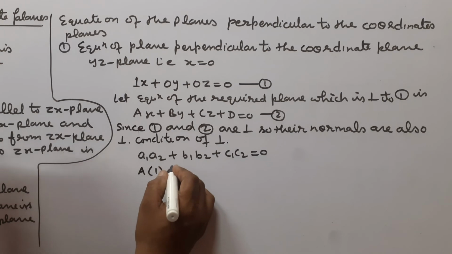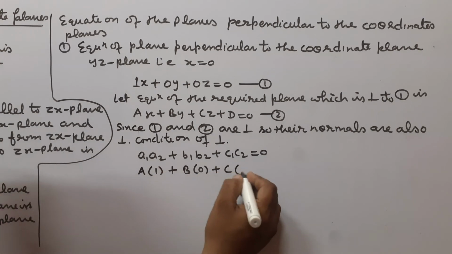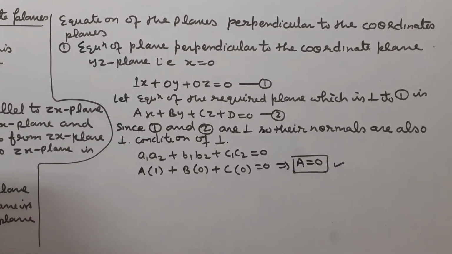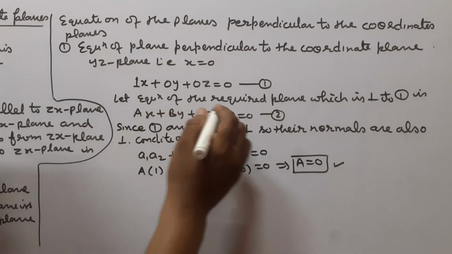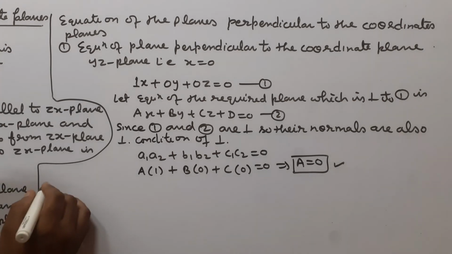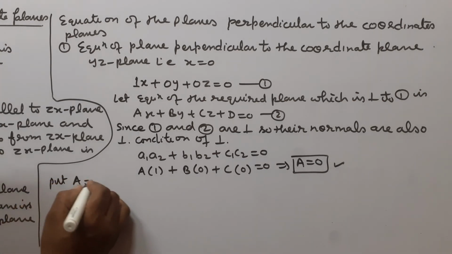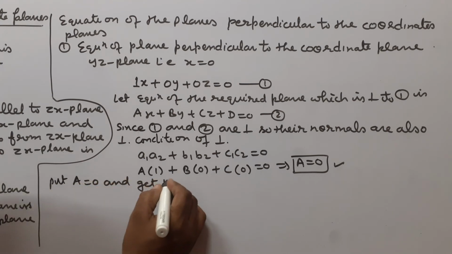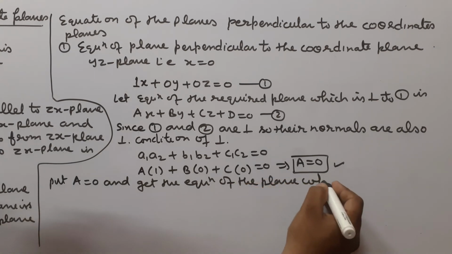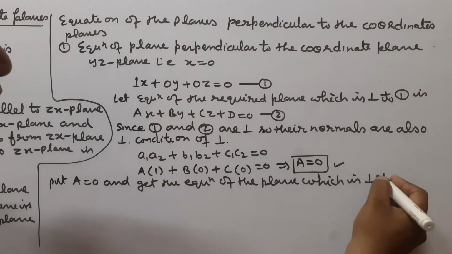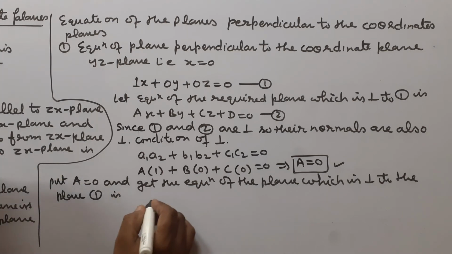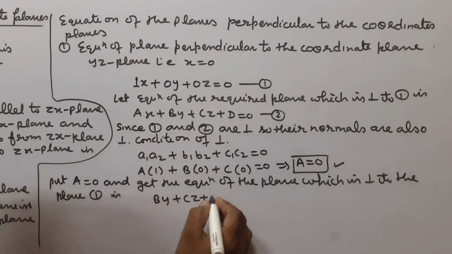So a multiplied by 1 plus b multiplied by 0 plus c multiplied by 0 equal to 0. This gives a is equal to 0. So put a is equal to 0 in the second equation, and we get the equation of the plane perpendicular to the given yz plane: by plus cz plus d equal to 0.